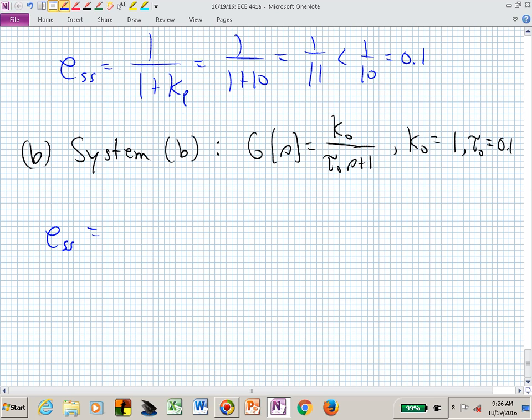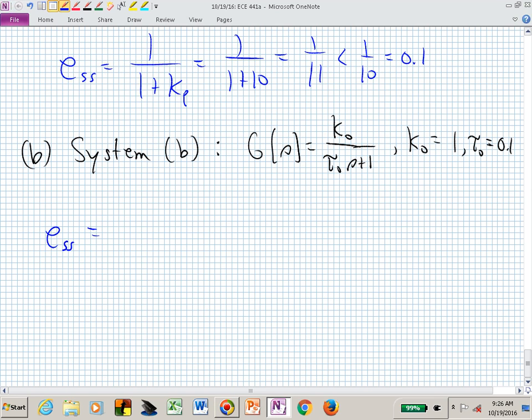Or what's the system type for this second system, or system B? What's its system type? How many integrators are there? How many poles at the origin in G? Don't have any pole at the origin, do we? In G, there's no S in the denominator that's factored out. So there's no pole at the origin. This is a type 0 system. It's the same type as our previous one.